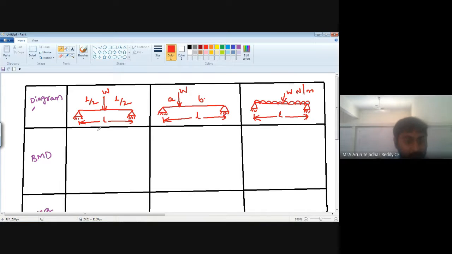Now, what about the bending moment diagram here? First, extend this line.